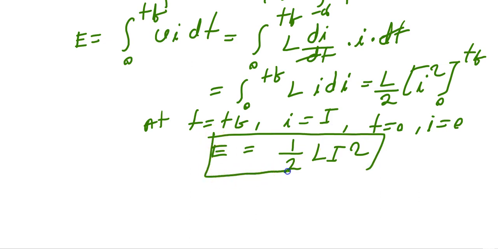So energy stored in the inductor is half L and the current flowing through it at that time, so half L I square.